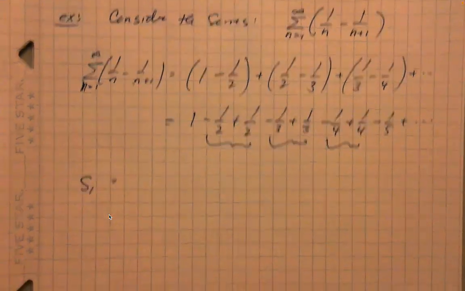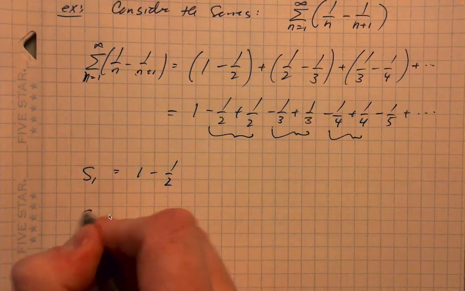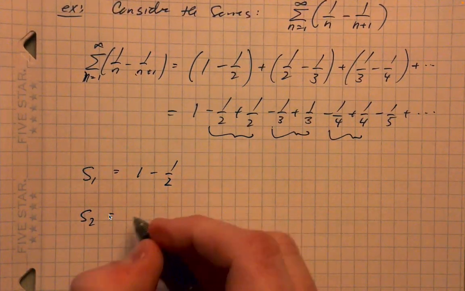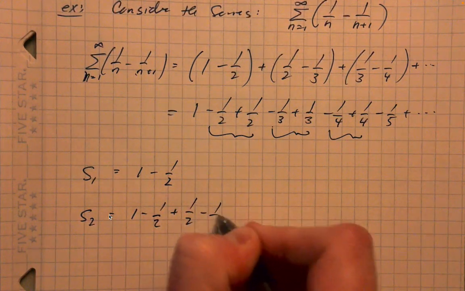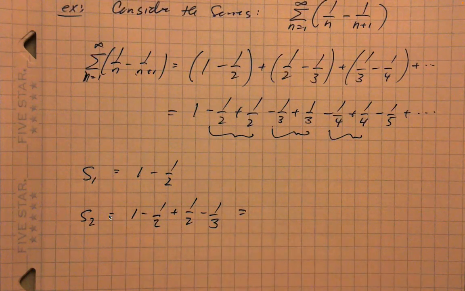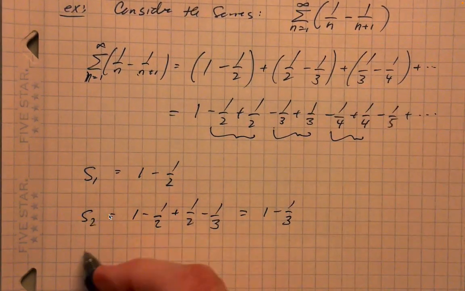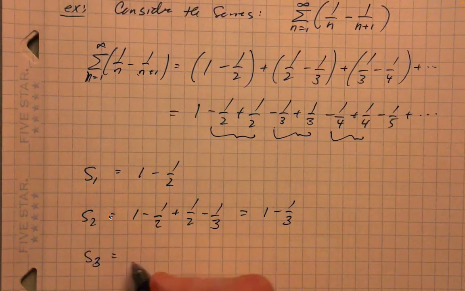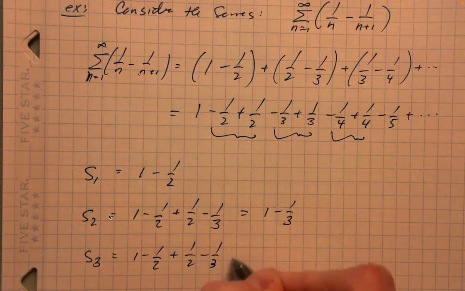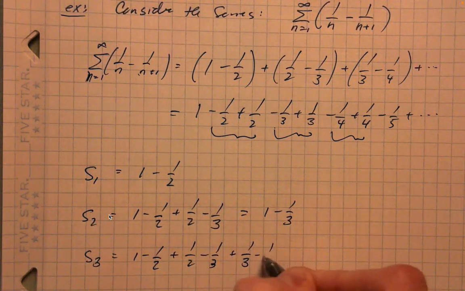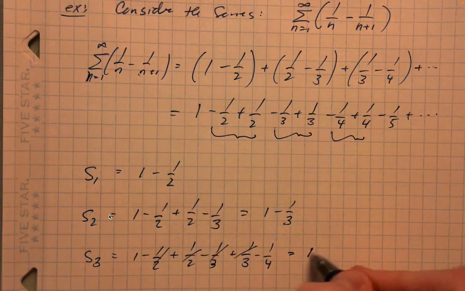S1 is equal to just 1 minus a half. What about S2? Well, S2 is 1 minus a half plus a half minus a third, so it's 1 minus a third. What about S3? S3 is 1 minus a half plus a half minus a third plus a third minus a fourth. You can see these two cancel out, those two cancel out, so you get 1 minus a fourth.